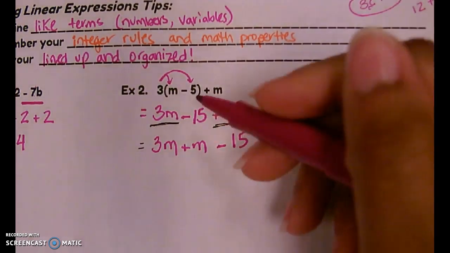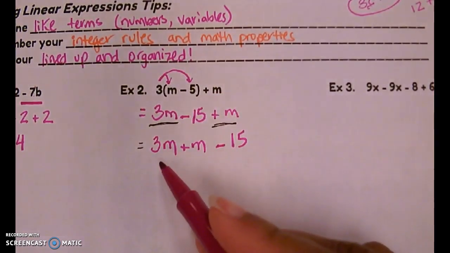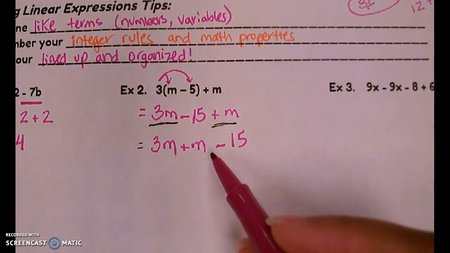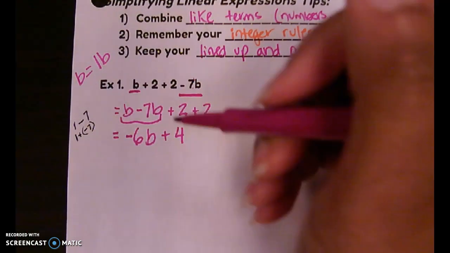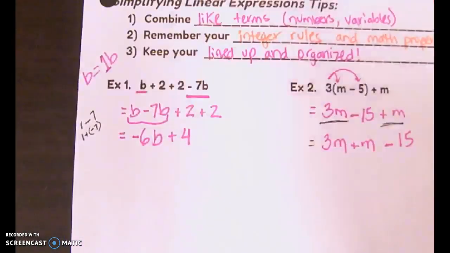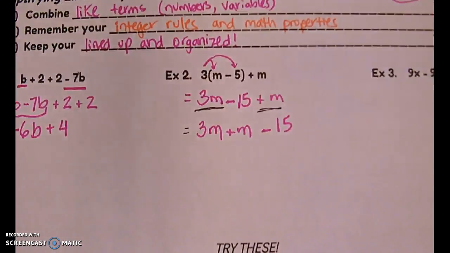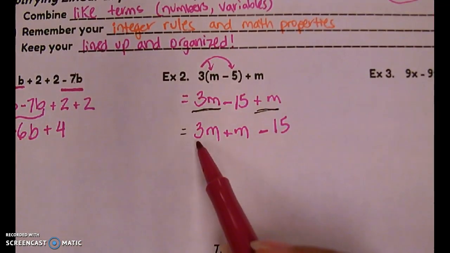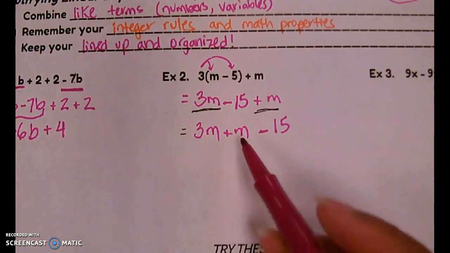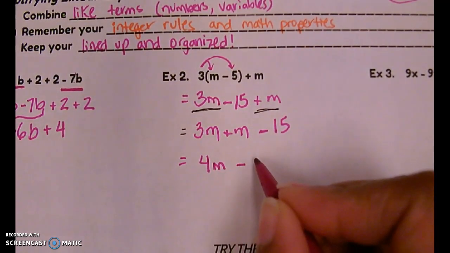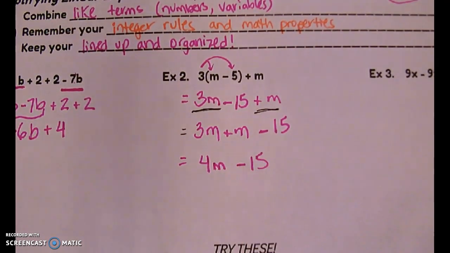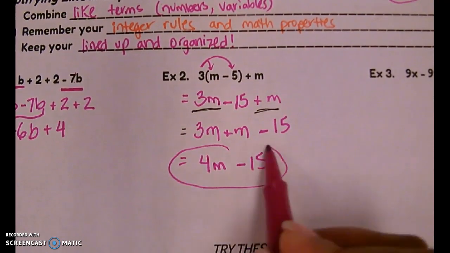The only thing I did here was reorganize it so I could deal with my m's. Now, remember, just like in the beginning, if a variable is by itself, it's understood that that number in front of it is 1. So, with that being said, this is the same thing as saying 3m plus 1m, and that will give me 4m minus 15. And there's nothing further that I can simplify this to, so this is my final answer.